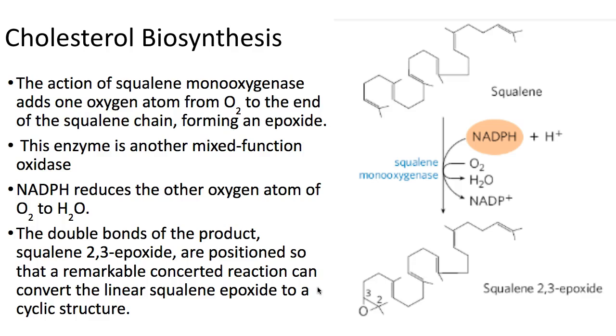The squalene forms an epoxy group when it interacts with the enzyme squalene monooxygenase. And with the oxygen that's helping make this epoxide, the other oxygen is reduced by NADPH to produce water. So one oxygen is going to water, and the other oxygen is making this epoxide. And so you end up having what's called squalene 2,3-epoxide.